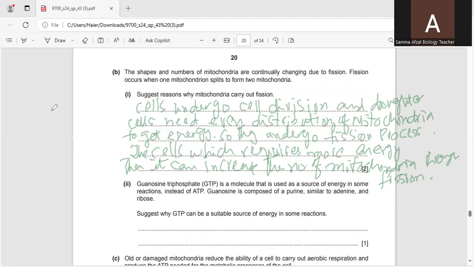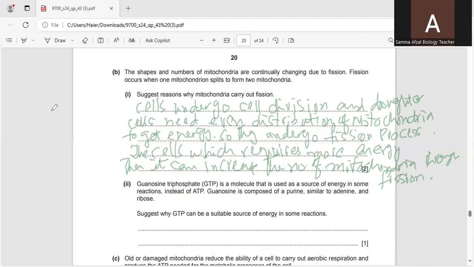and vice versa. So this flexibility allows GTP to serve as an alternative energy source when needed, depending on the specific cellular requirements. GTP is also essential for the elongation and termination phase of protein translation.